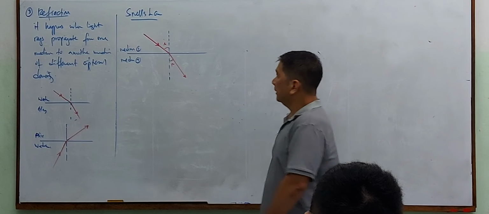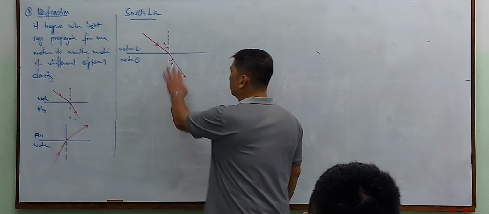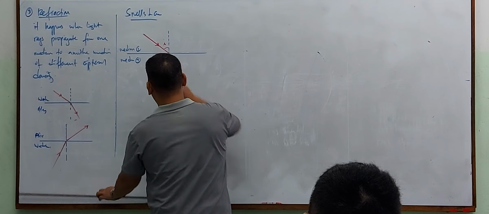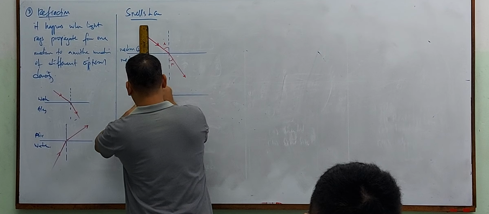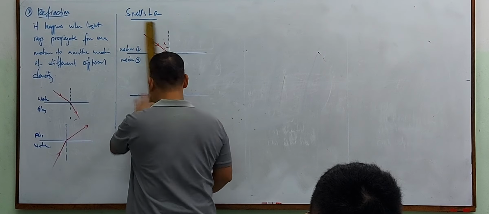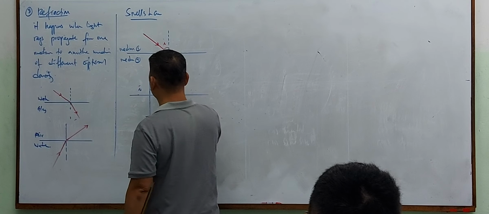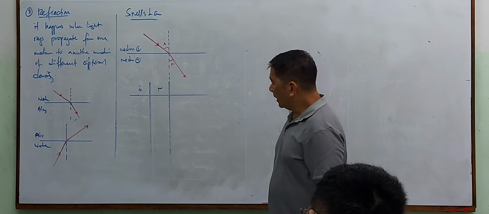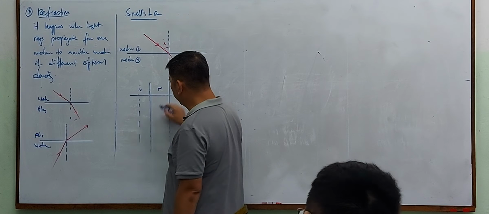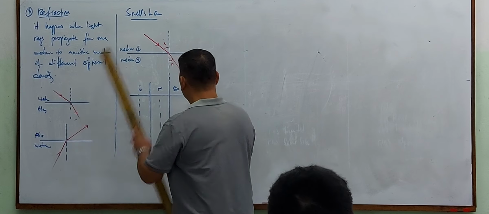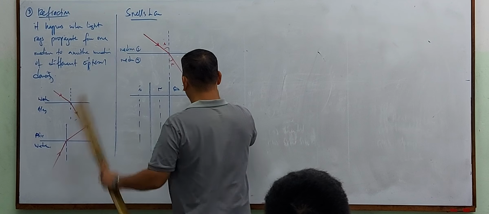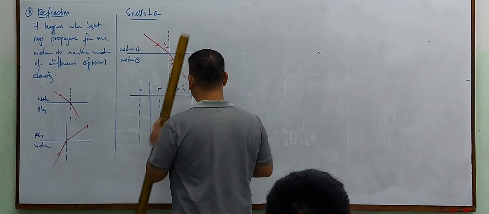Now let's say you have a few values of i that you can adjust. You list down the angles and measure the angles. This is an experiment that we are doing. So i and r, have a few values. After that, you calculate sine i, and then you also calculate sine r.